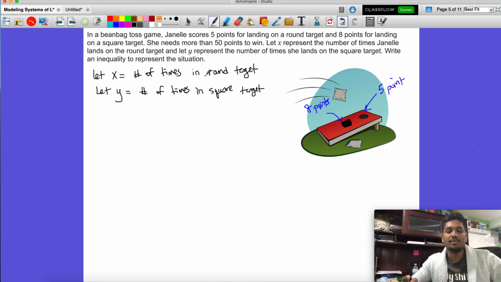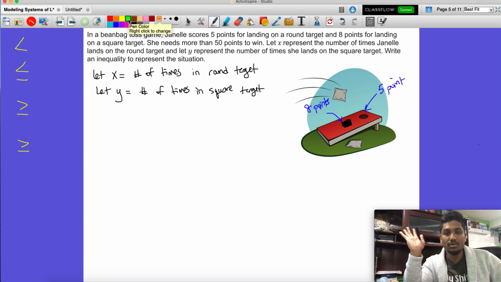Okay, so in our inequality, what is the goal that Janelle is trying to achieve? Well, she's trying to score points. If we're dealing with an inequality, remember we have four different inequality symbols that we can use, and we can take this down to about two of them.